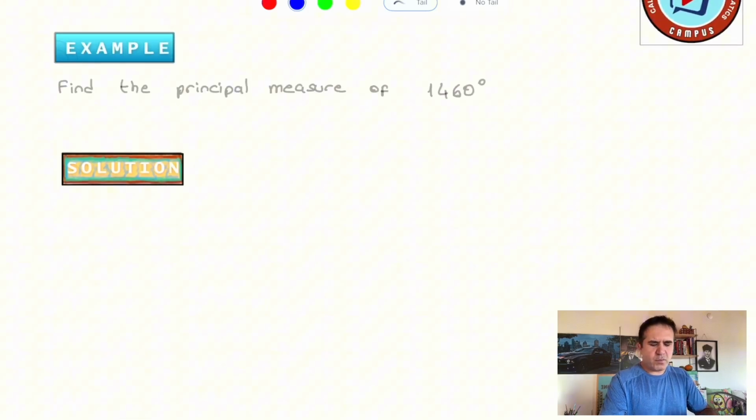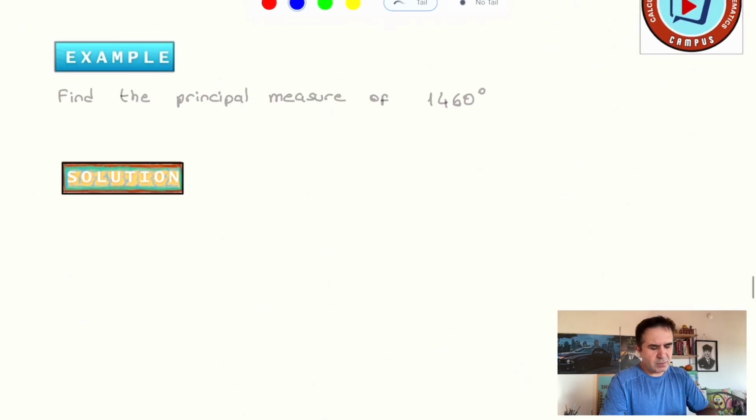Next example, find the principal measure of 1460 degrees. The principal measure of an angle is the equivalent angle between 0 and 360 degrees. To find it, we subtract or add full rotations of 360 degrees until the angle falls within this range.